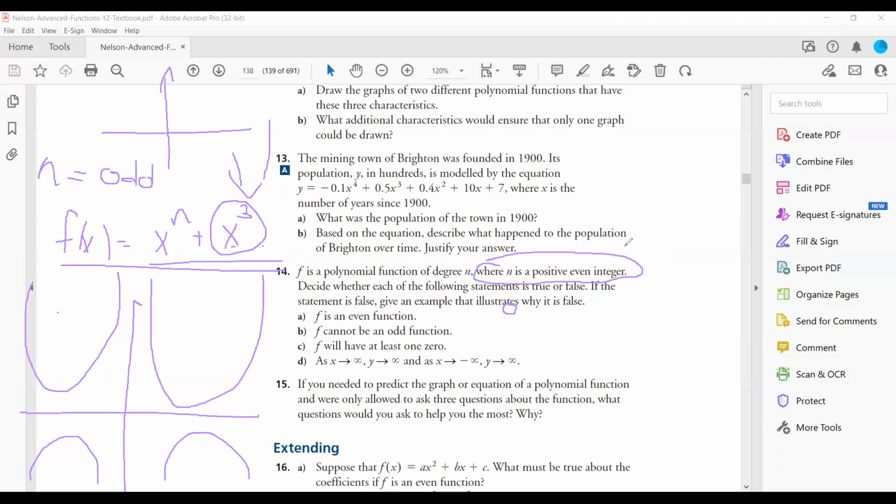If we have an even power in our function, it means the function cannot be odd. The degree of this function is an even number. How can it be odd? Do you agree with me?